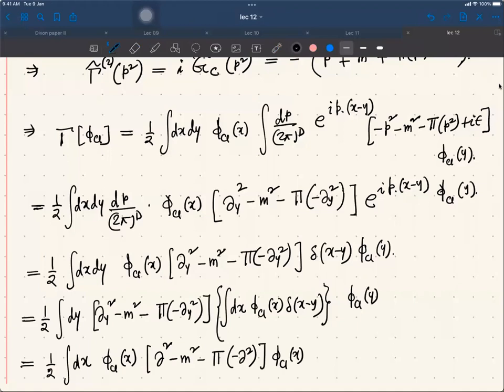Then you can do an integration by parts. This is ∂_μ∂^μ. If you do an integration by parts, then basically you can distribute this derivative into two. So this is a double derivative on φ, but if you do integration by parts, it will be ∂_μφ, but with a minus sign.